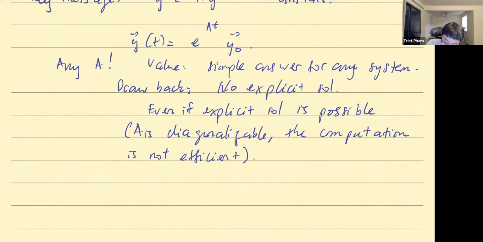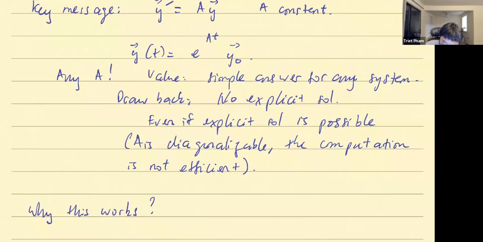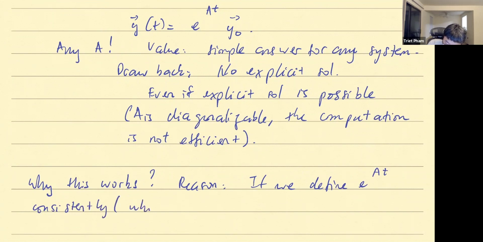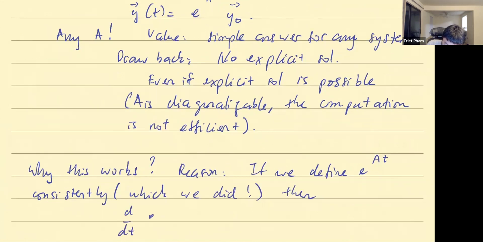And so finally, I just want to discuss real quick why this works. Meaning, why does this solution work? Okay. So the reason is actually very simple. If we define e to the At consistently, which we did, then if you differentiate e to the At, guess what you will have?